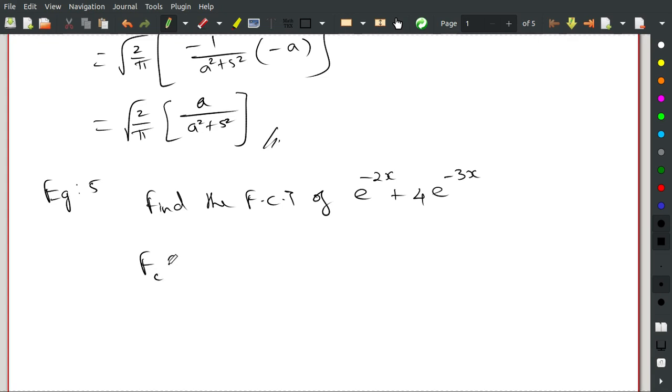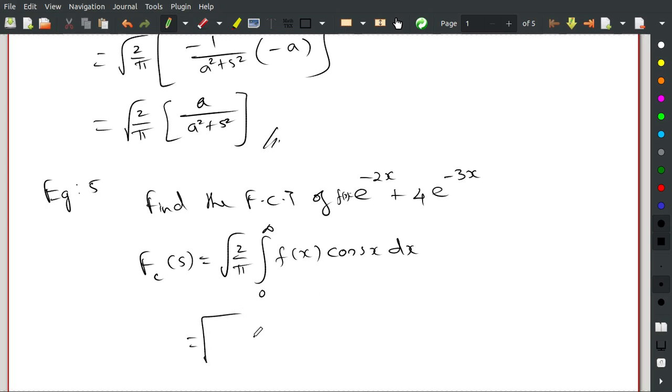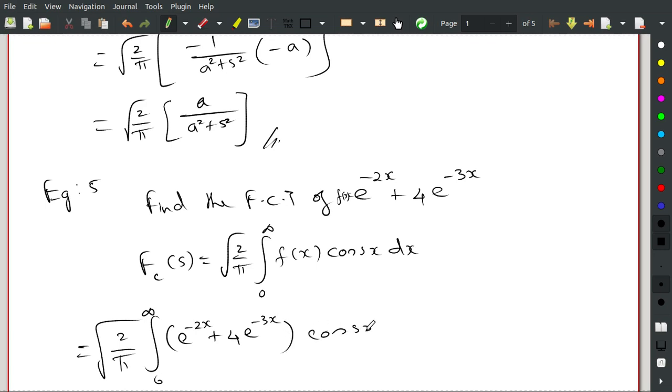The Fourier cosine transform of f of x is root 2 by pi integral 0 to infinity f of x cos sx dx, right? And our f of x is this one. Therefore we have root 2 by pi integral 0 to infinity, and instead of f of x we have to put e power minus 2x plus 4 e power minus 3x cos sx dx.